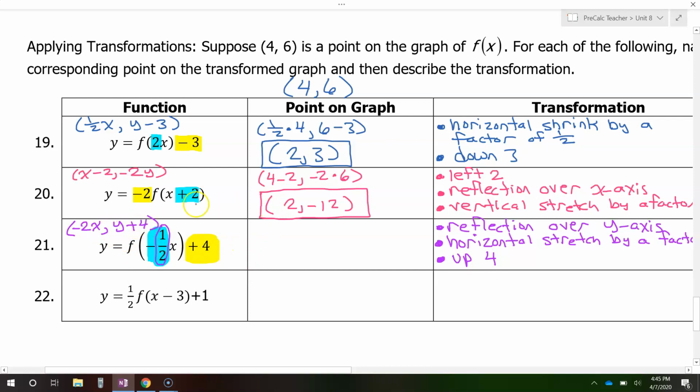So applying this transformation to the point 4 comma 6 will give us, we have to do negative 2 times 4 and then 6 plus 4. So that will give us negative 8 comma 10. So that would be the point that you would get after the transformation is done.